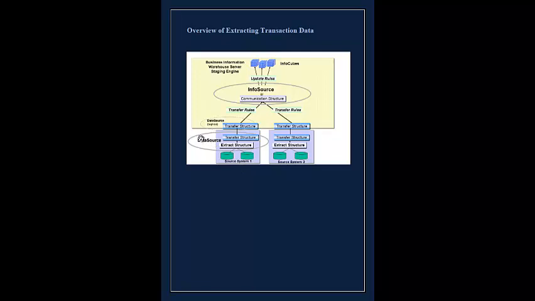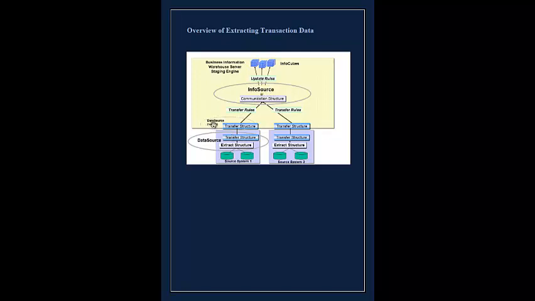Data source, which enables transportation of information between OLTP system and SAP BW. And data source regulates flow of data from transfer structure in the source system to the communication structure in the SAP BW.